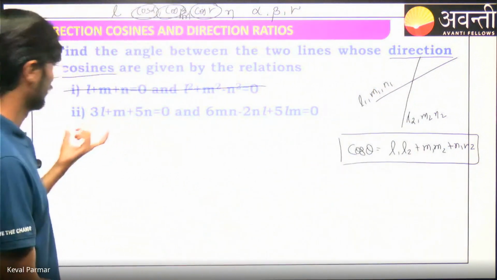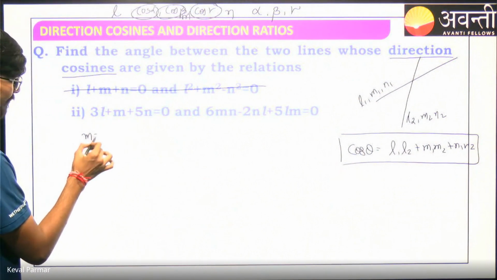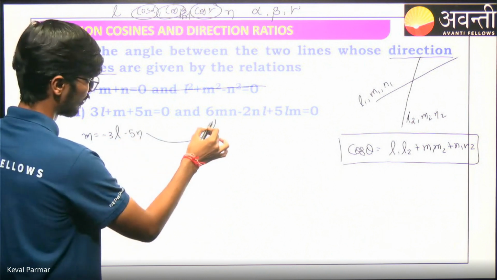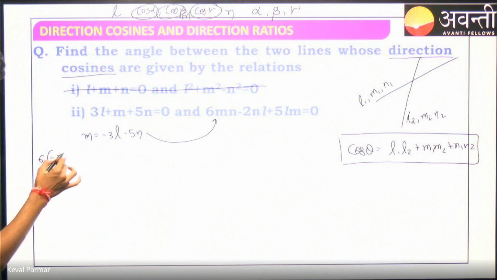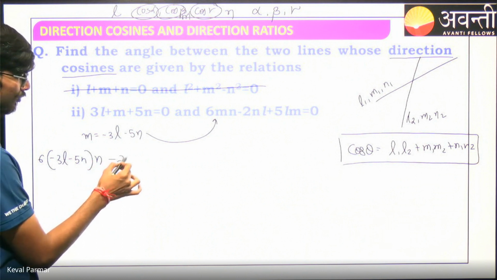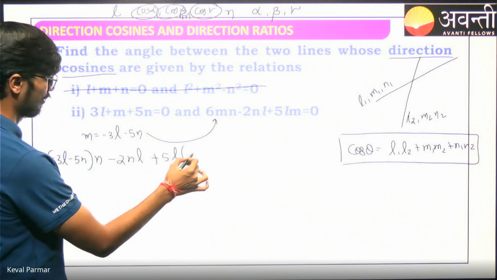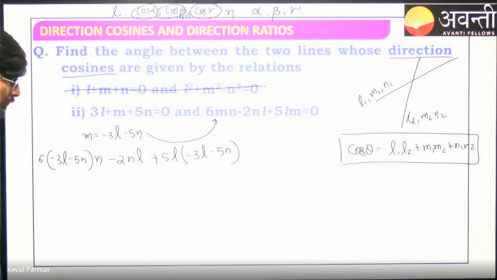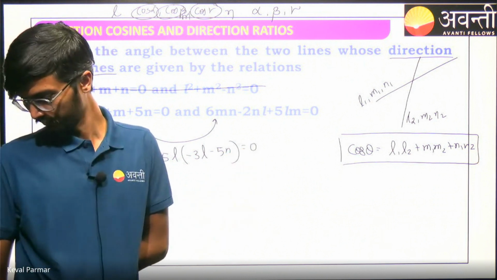Let's say what is simultaneous solving? I'll take the value of m from here. So m is minus 3l minus 5n and I'll substitute it here. So I'll get 6 into (minus 3l minus 5n) into n minus 2nl plus 5l into (minus 3l minus 5n) equals 0. Clear till here?